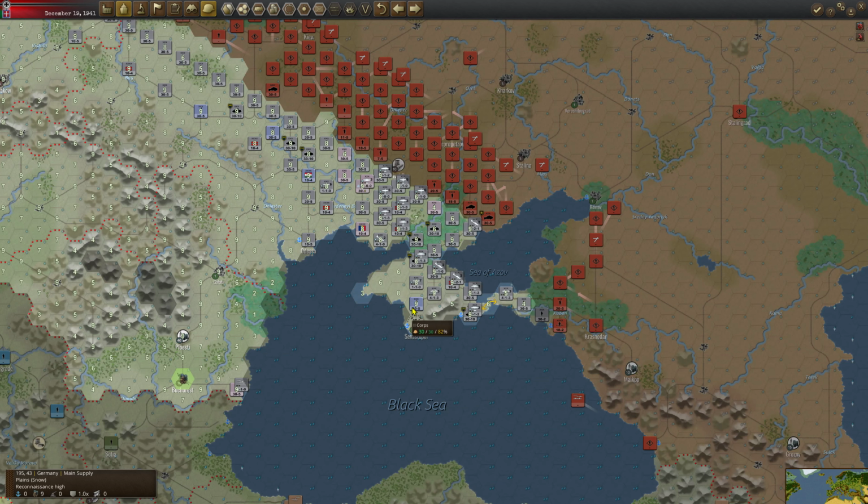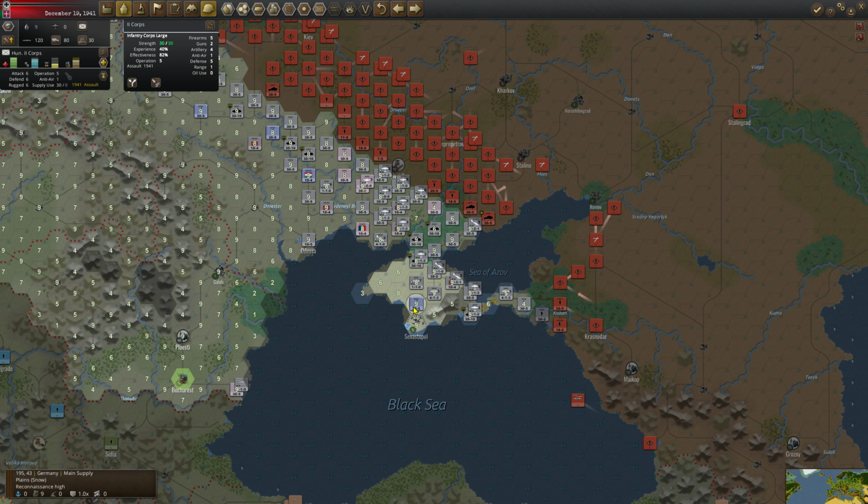So we'll move the German here, and stick the Hungarian in Sevastopol. And I think that's going to be my only move. Oh, I wanted to try out... No supply there. Screw it.